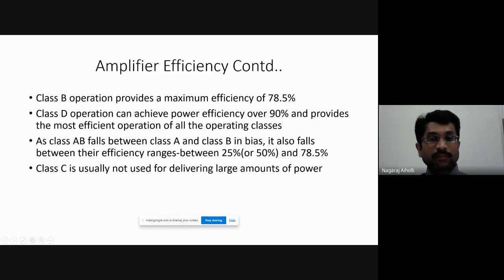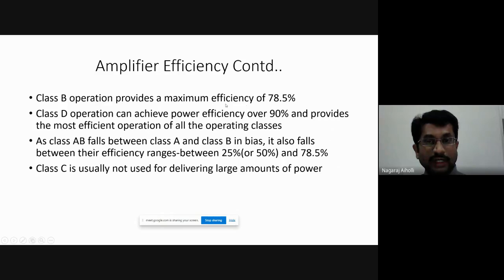Class B operation provides a maximum efficiency of 78.5%. As we are seeing, in class B operation it is nearer to the 0 volts level. So it is almost a good reproduction of the applied input signal at the output.